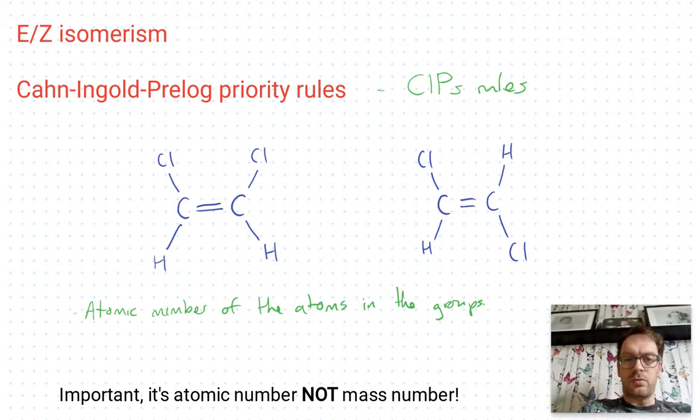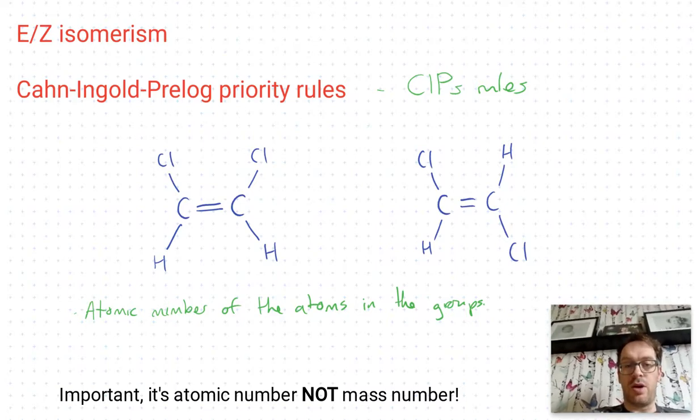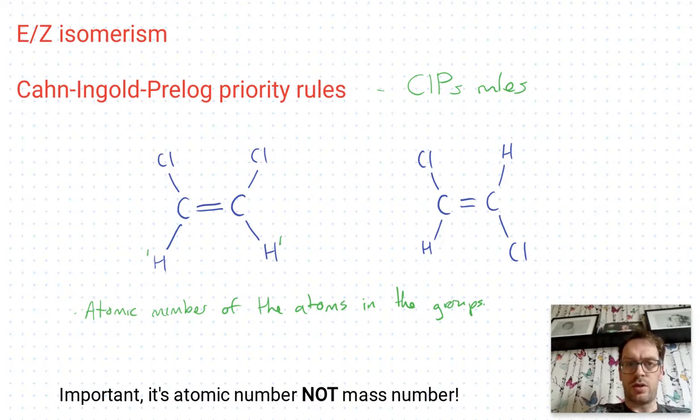So for each one, we want to go around and work out the atomic number for each thing bonded to the carbon. The first example on the left is relatively easy. We've got a 1 for each hydrogen, and a 17 for each of the chlorines.